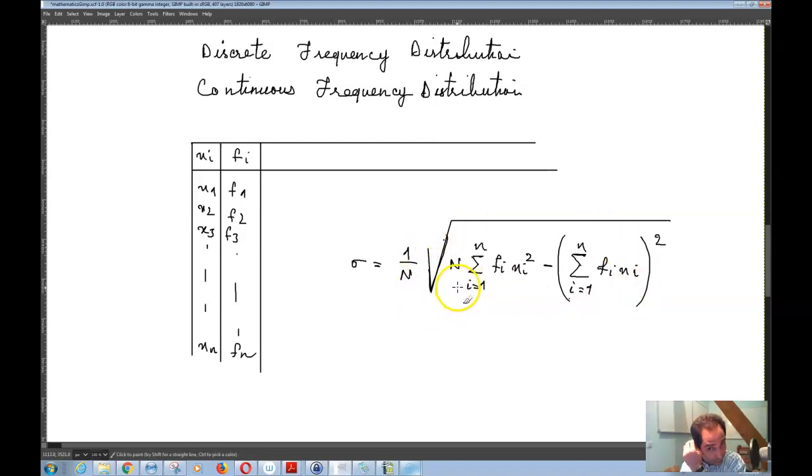So if you want to calculate the standard deviation, that would be your formula.